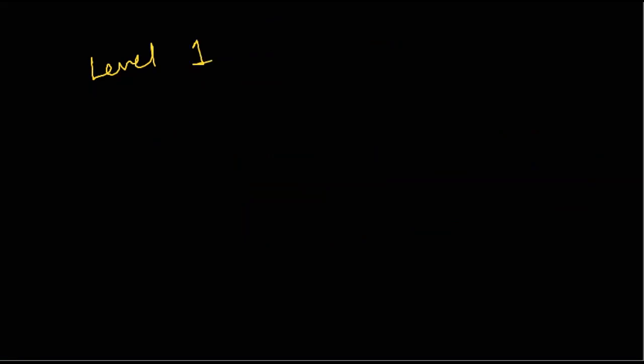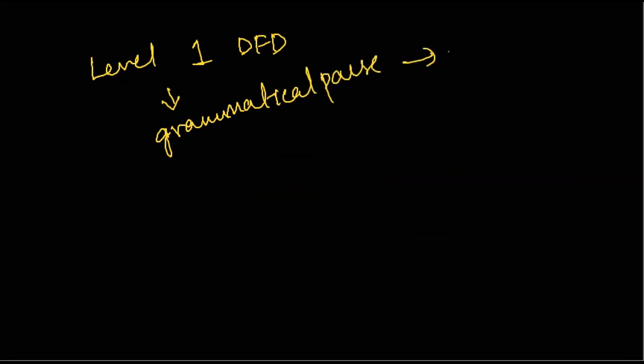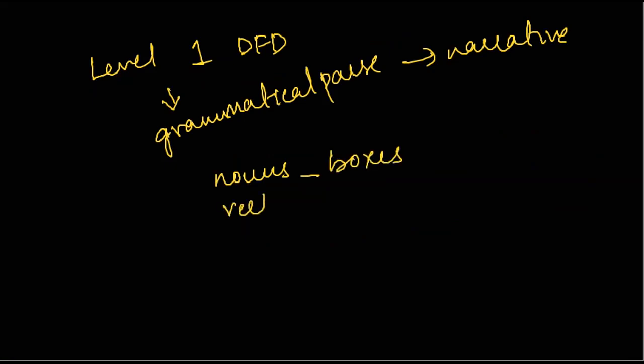Then after that, we converted it into level 1 DFD. For converting it into level 1 DFD, we performed a grammatical parse upon the narrative of the safe home security system. For this narrative, we identified the different nouns. We converted the nouns into boxes. We converted verbs into bubbles or circles.